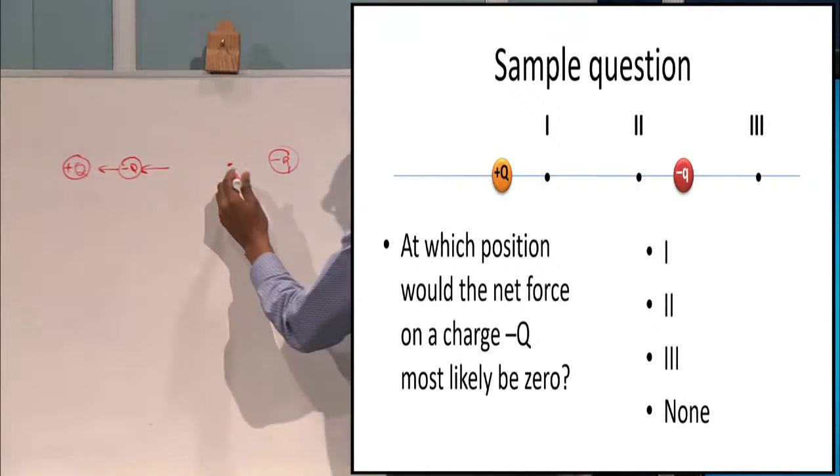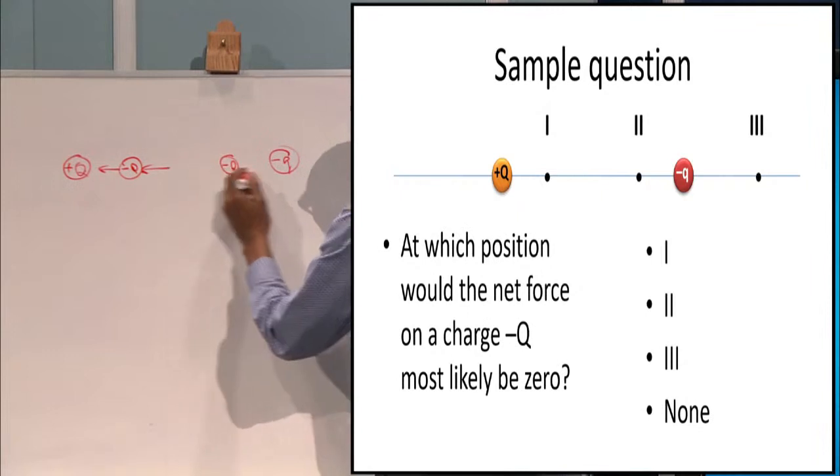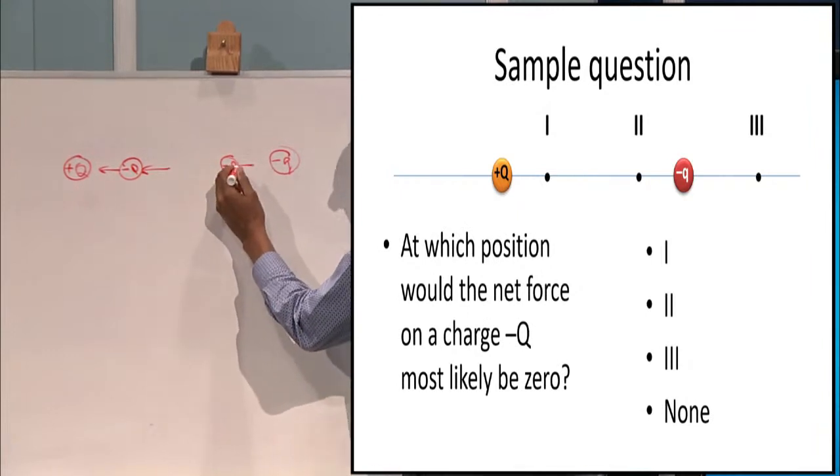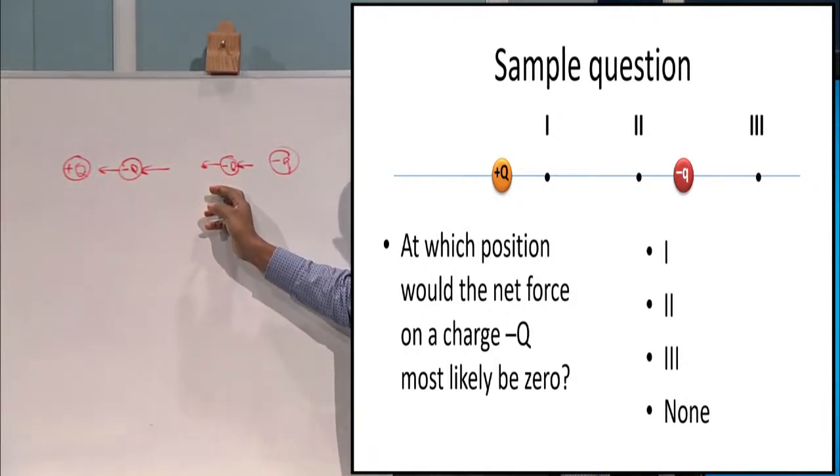If I put the negative Q here again, this will experience a force this way, and this will experience a force that way. So it is not likely that these two could ever add up to 0.